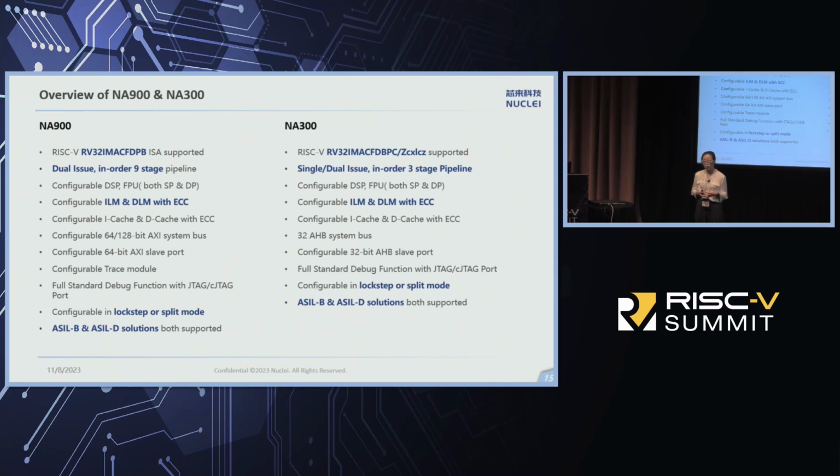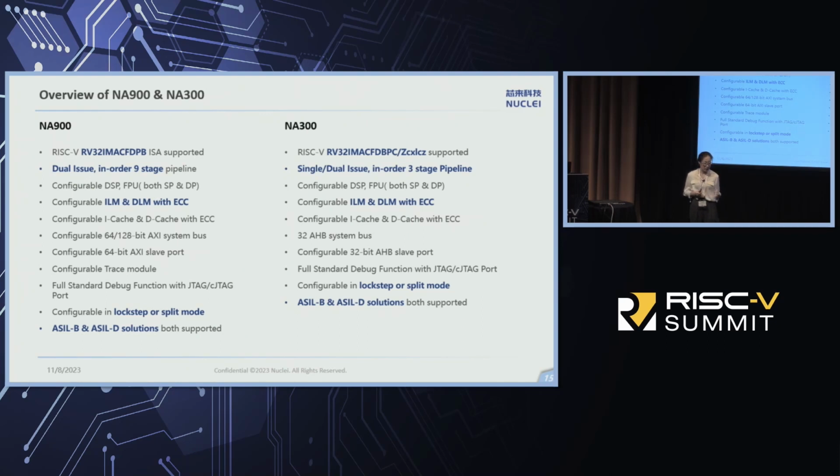Look at these two products. They have similar safety mechanisms, both ASIL-B and ASIL-D solutions, both dual core lockstep and also dual core lockstep with split mode supported. But on the ISA side, the NA300, besides IMAC FDP, also supports the DC extension for code size reduction, and there are differences in pipeline stage and bus interface. 900 supports XI and 300 supports HB.